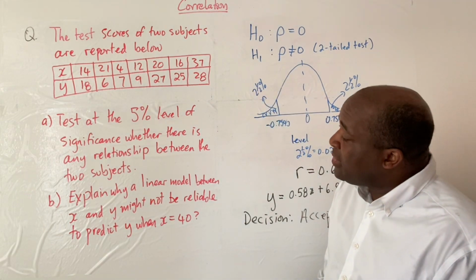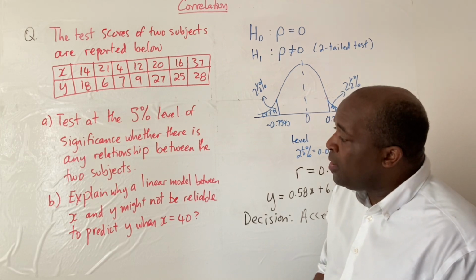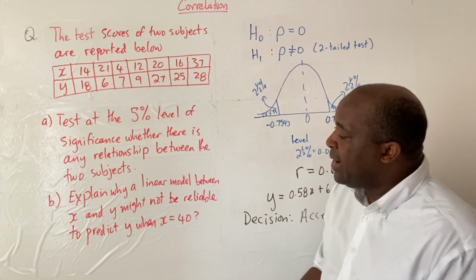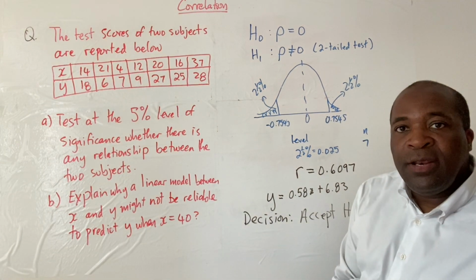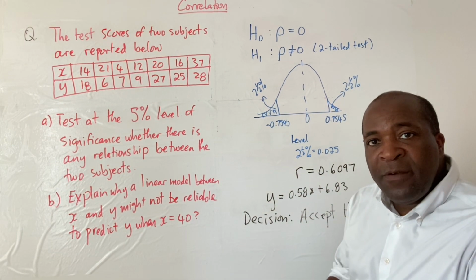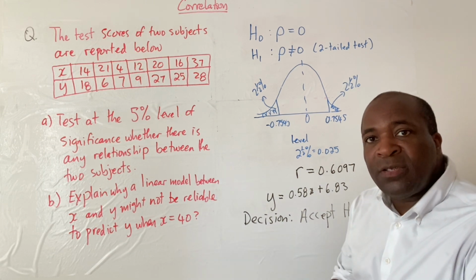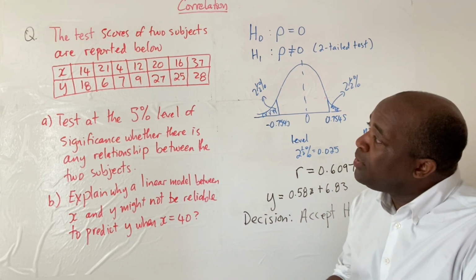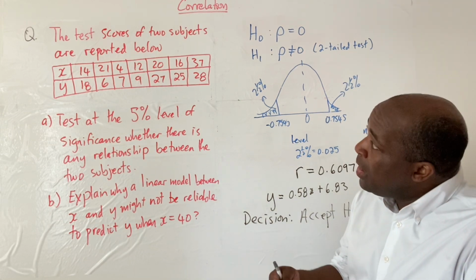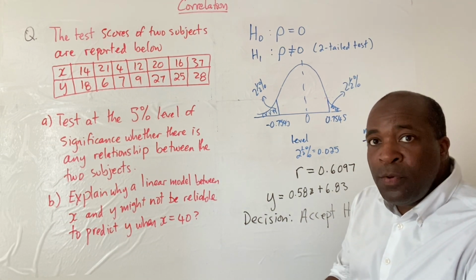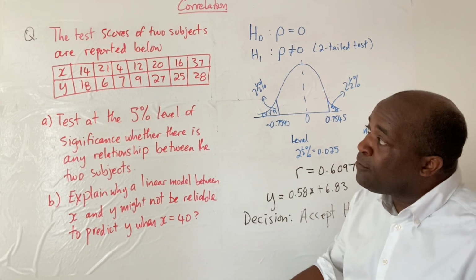So what that means is that if we went ahead and applied X equals 40 to the linear equation, then we would be succumbing to the dangers of extrapolation. The data generating mechanism might not ring true beyond the observed range of data.